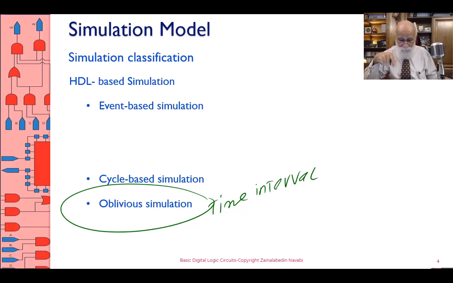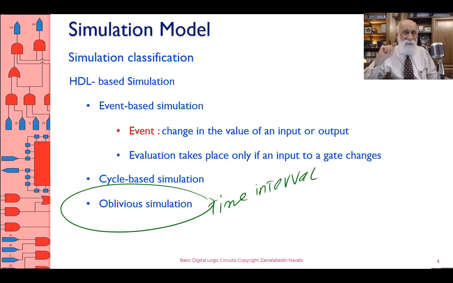But then, somewhere between cycle-based and oblivious simulation is event-based simulation. Event-based simulation says you don't really have to simulate every 1 picosecond. What you do is you wait for something to happen in the circuit.